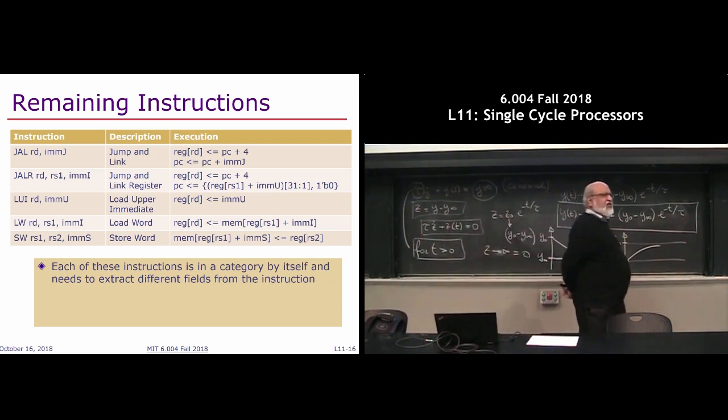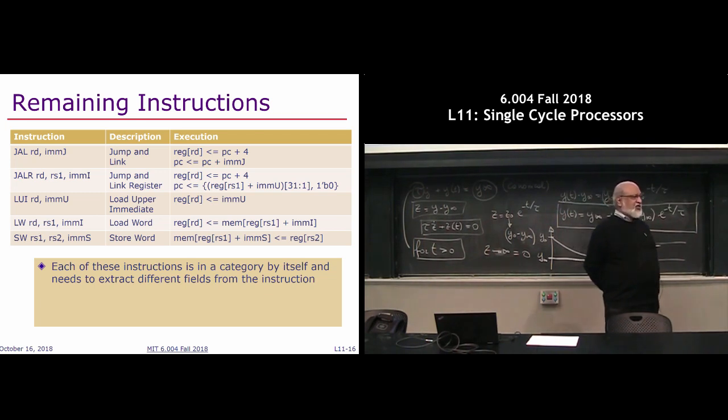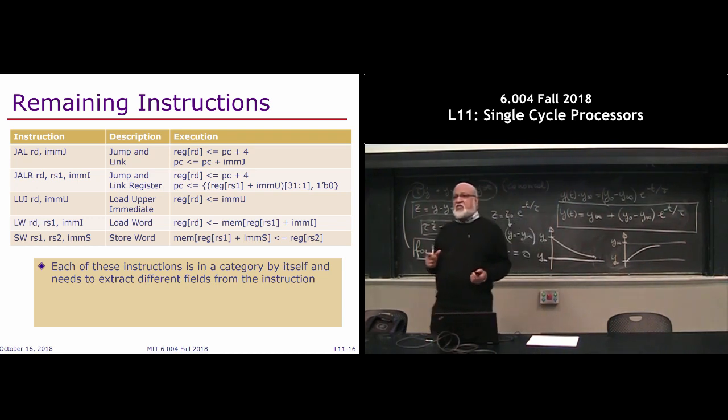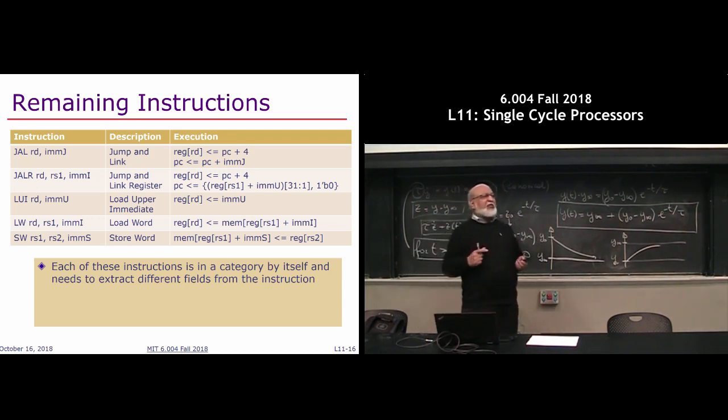I just want to focus on one thing, which is the memory instructions, the load and store instructions. Load and store instructions are such that you always have to first compute the address that you want to access in the memory. So there is a phase in the execution of any memory instruction which is called computing the effective address.